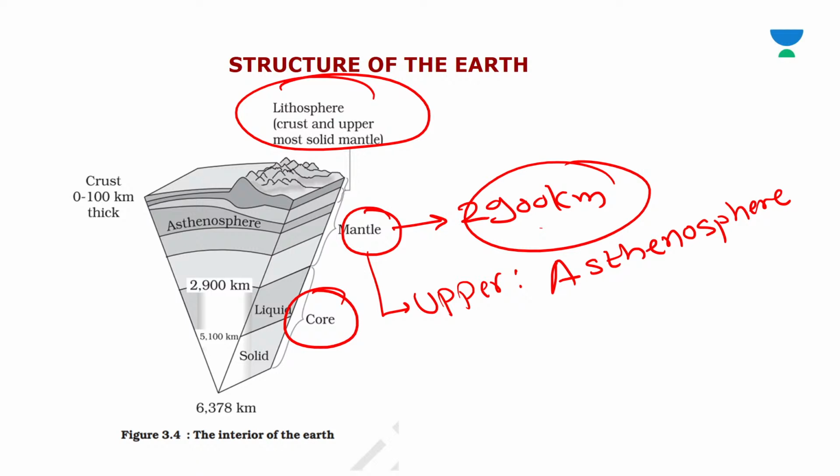Now, friends, as indicated earlier, the earthquake wave velocities helped in understanding the existence of the core of the earth. The core-mantle boundary is located at the depth of 2,900 kilometers.